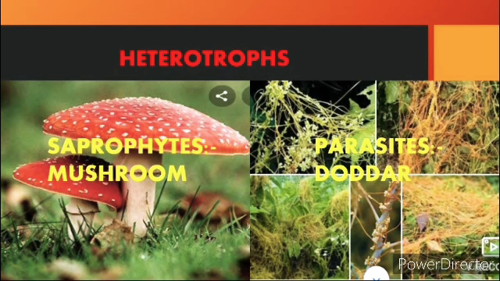Saprophytes are plants which feed on dead and decaying bodies. Example: mushroom and fungus. Whereas parasites are the plants that feed on other living bodies. Example: dodder, cuscuta, orchids, etc.